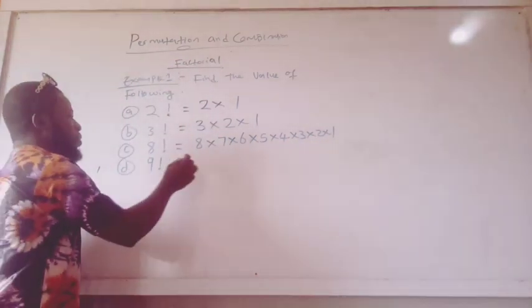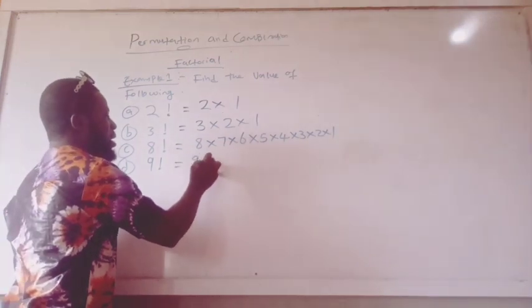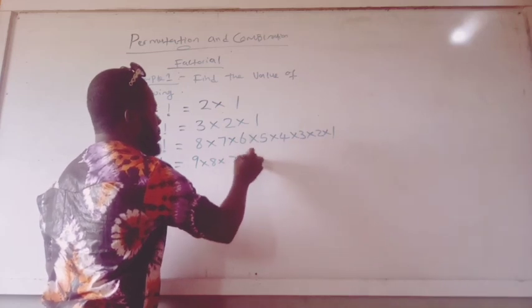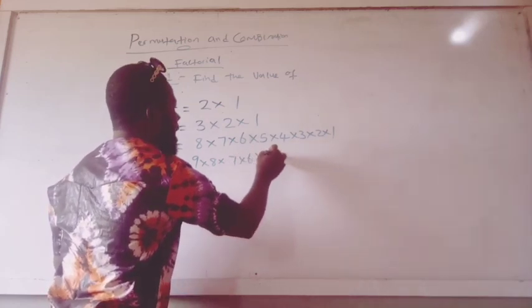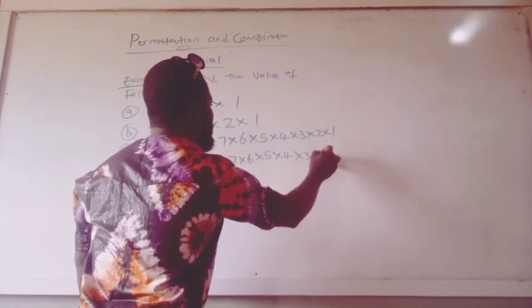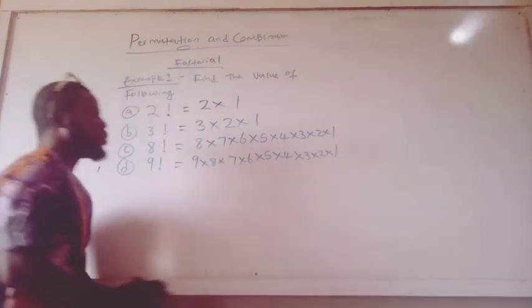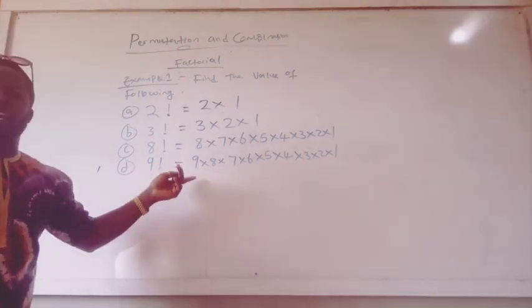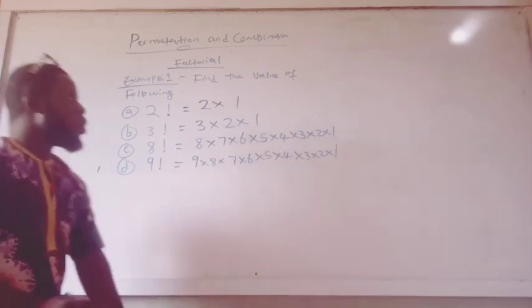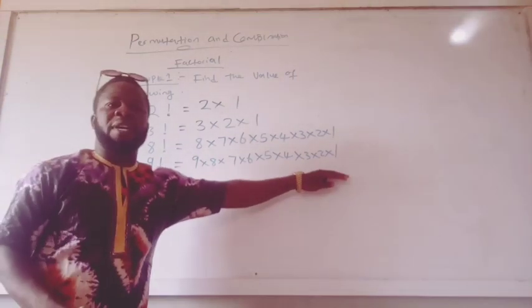Going to 9 factorial, that's 9 times 8 times 7 times 6 times 5 times 4 times 3 times 2 times 1. You move from that number. After 9, you have 8, 7, 6, and so on.